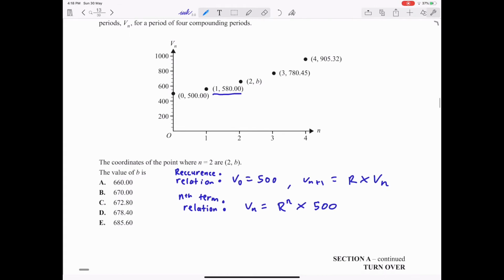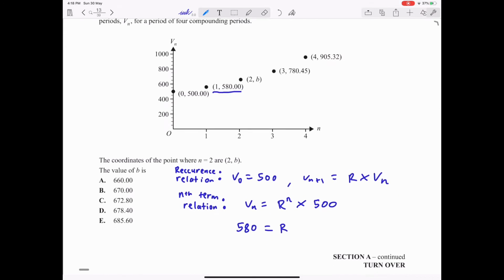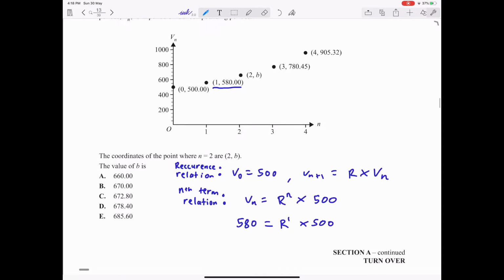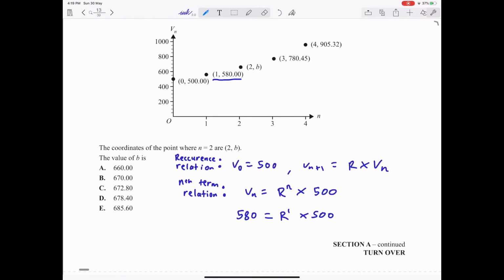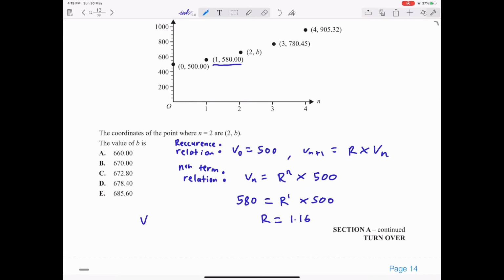We sub in the value: 580 equals r to the power of 1, after one compounding period, times 500, and you put that in your CAS calculator and solve for r, and you should get r equals 1.16.